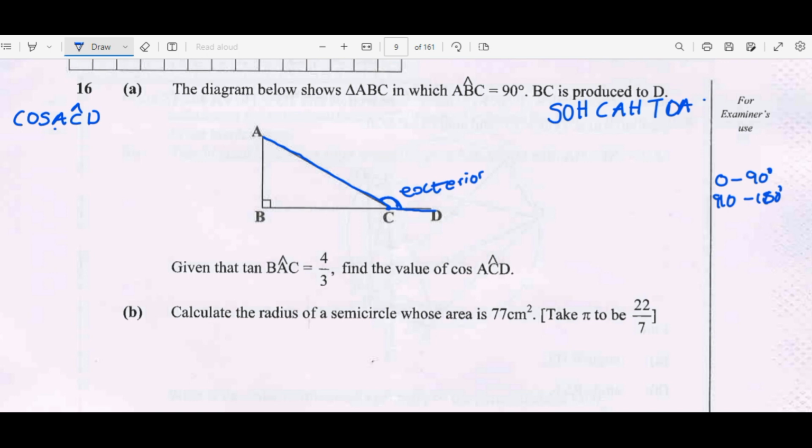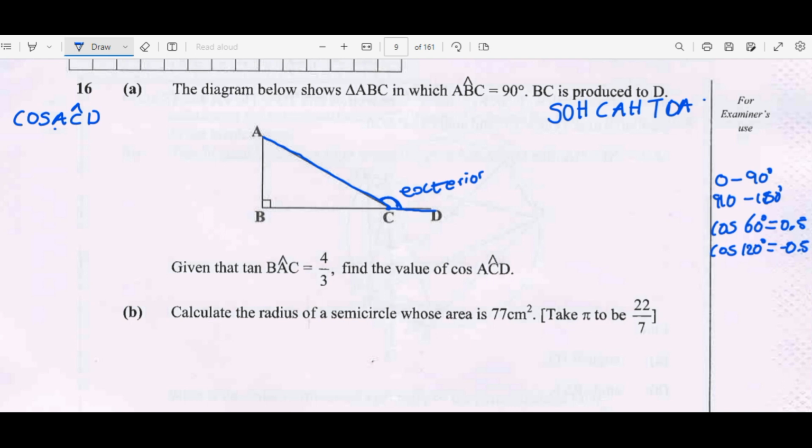Now, cos in the first quadrant is positive, then the next quadrant, which is the second quadrant, is negative. For example, cos 60 will give you 0.5. Then if you look at cos 120, this will give you negative 0.5.